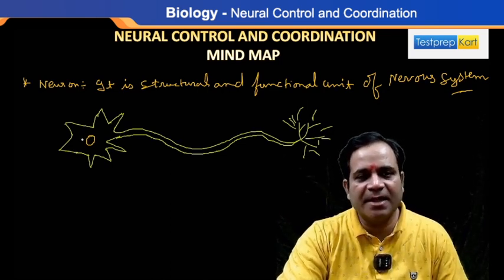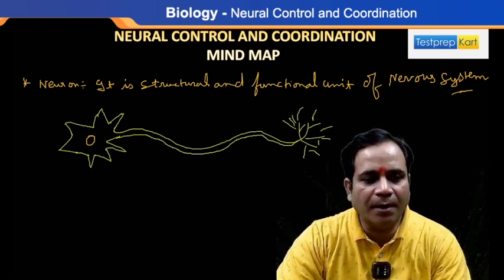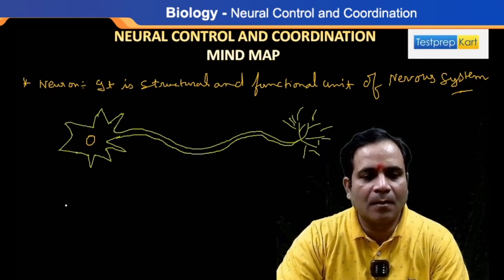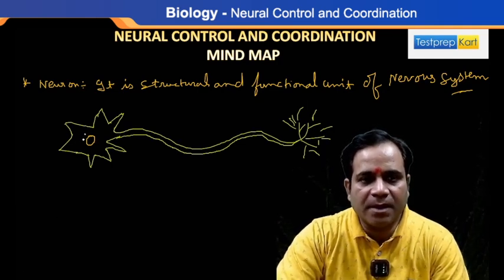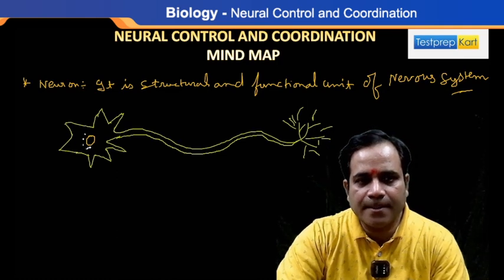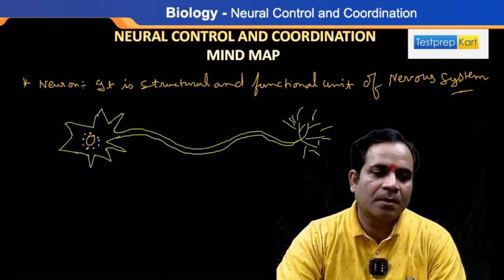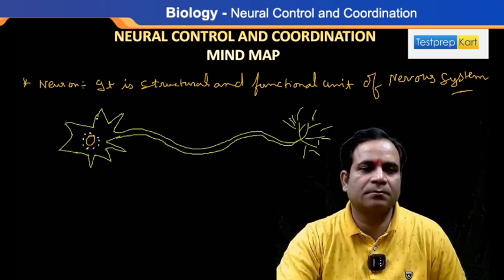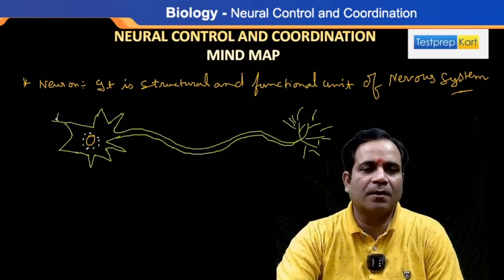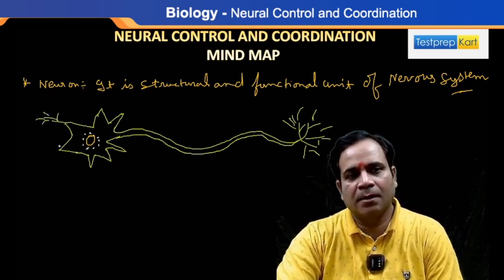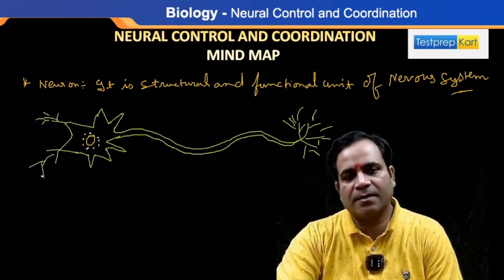This one is the nucleus, and around the nucleus there are Nissl granules, my dear. Here, the fine thread-like structures are known as dendrites, or dendrons.